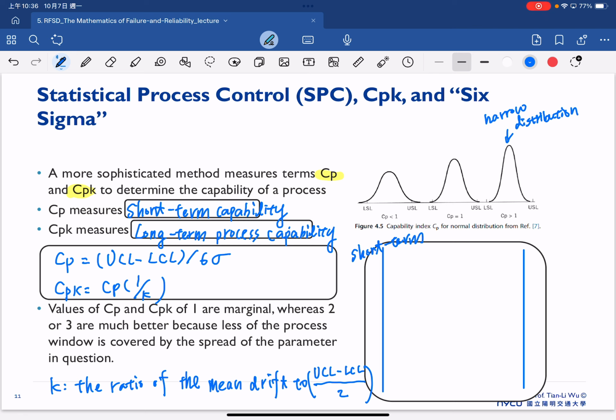So you can probably have the distribution for each step here. So that's a short term. There's illustration for short term. But the long term, it means you consider an overall distribution after all of the process. So that will become like here. So it's basically a merge from the short term to the long term here.